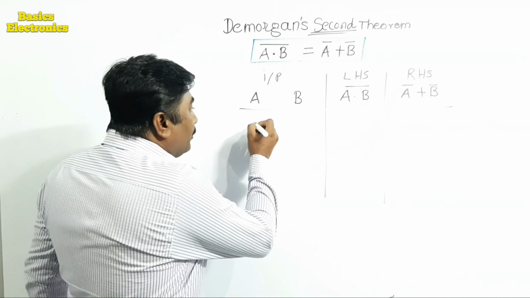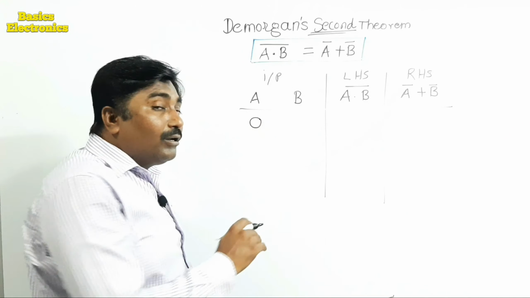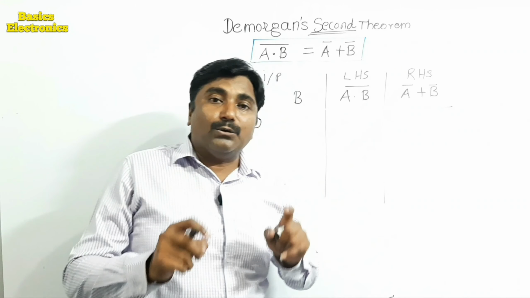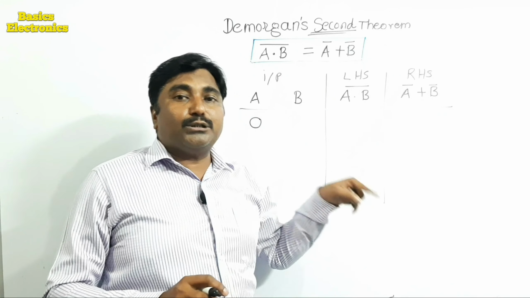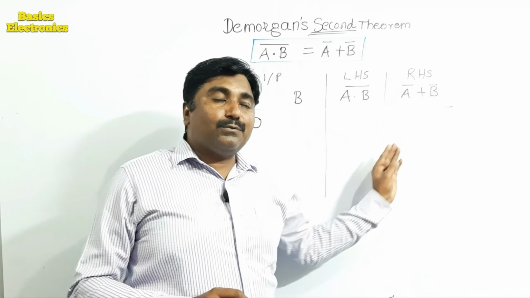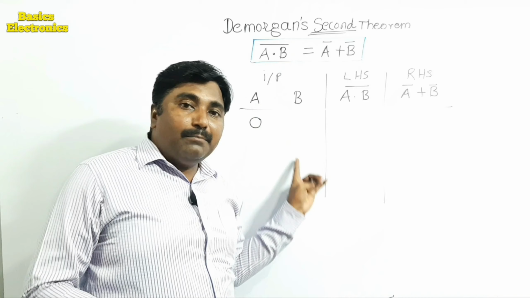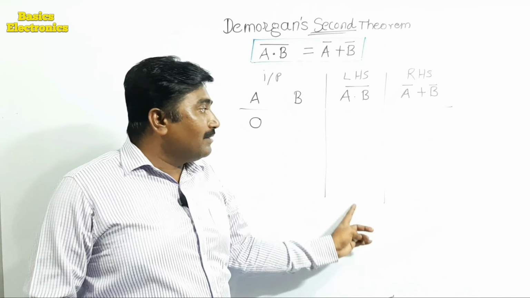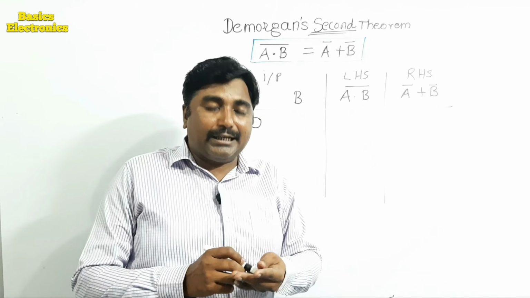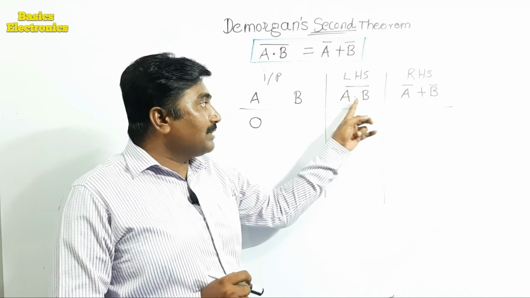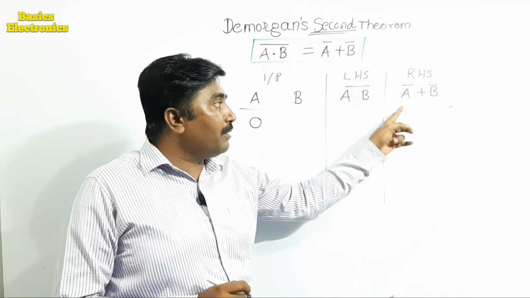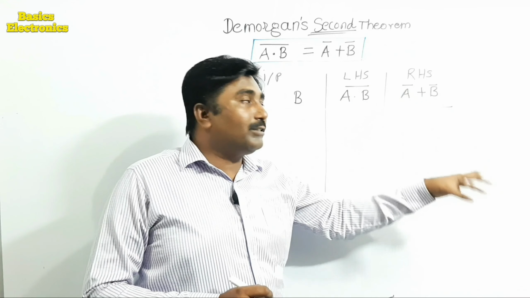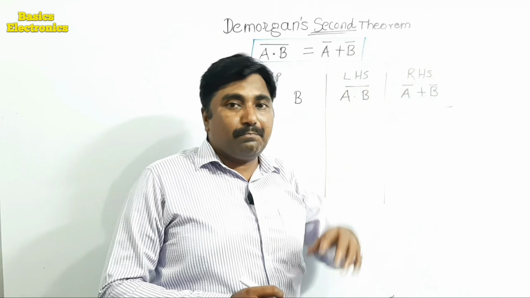These combinations we already used in the proof which we saw earlier. We just put all the input combinations and their respective outputs, and the tabulation shows the equivalence between A dot B complement and A complement plus B complement.